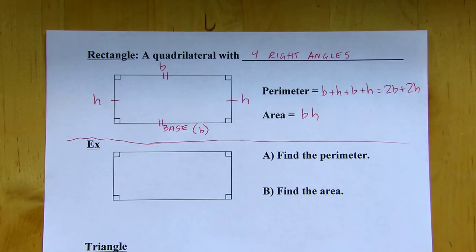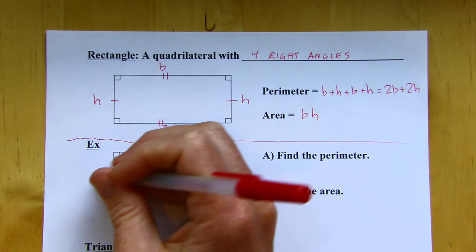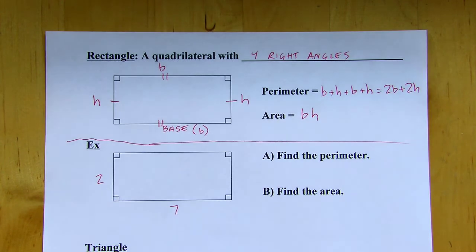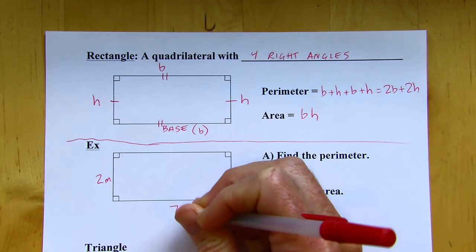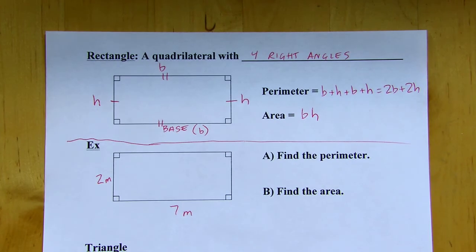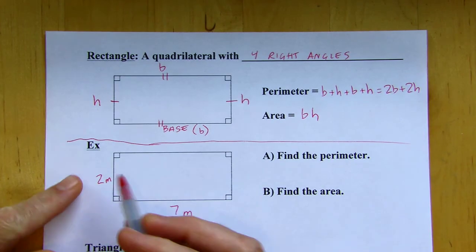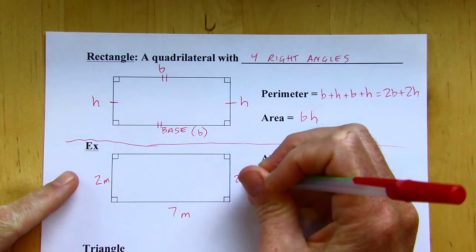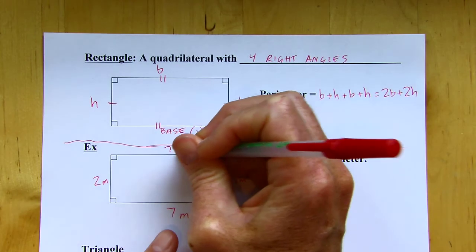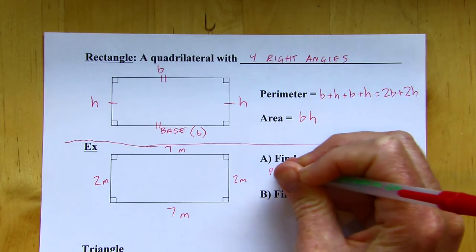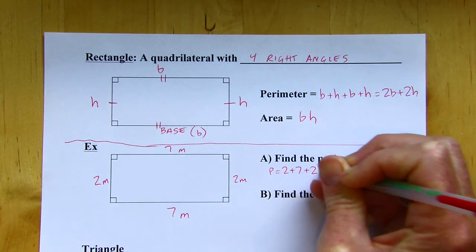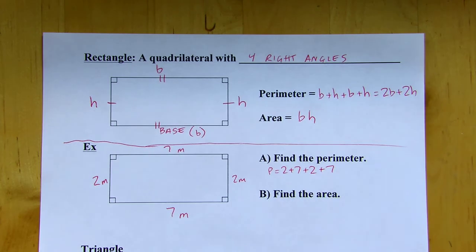All right, so let's try this out with a real live rectangle. Let me put in some units here. I'll say that these are meters. Okay, let's find the perimeter. Well, if this side's 2 meters, this side's 2 meters. If the bottom's 7 meters, the top is as well. So the perimeter is 2 plus 7 plus 2 plus 7.